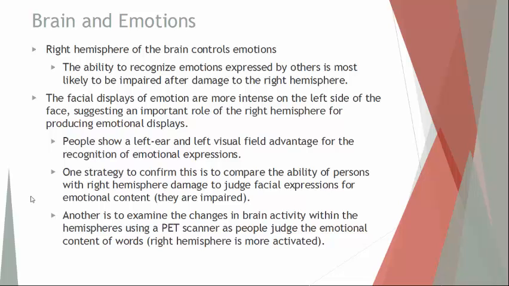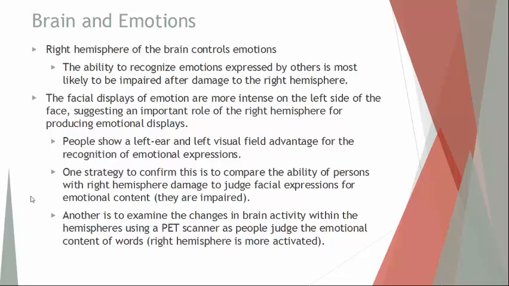A way this has been confirmed in research is to compare the ability of people who have damage to their right hemisphere to try to judge facial expressions of others. Putting up a picture of someone smiling, what emotion is this? Putting a picture of someone frowning, what emotion is this? Are they able to recognize basic human emotions just by looking at someone's facial expression?